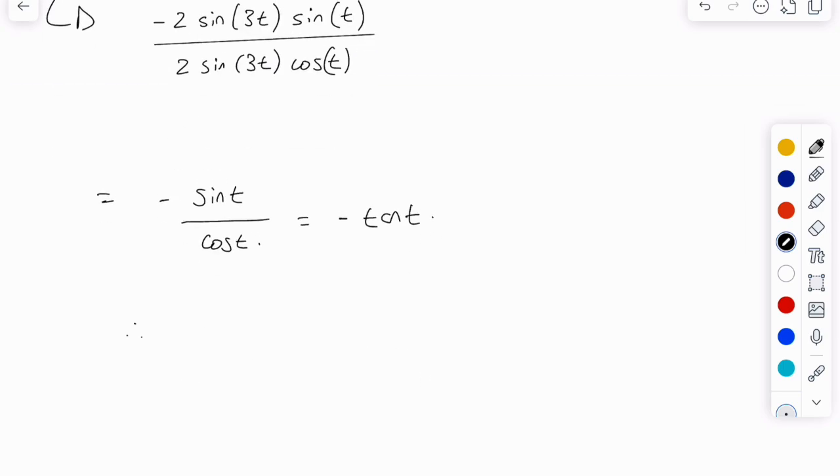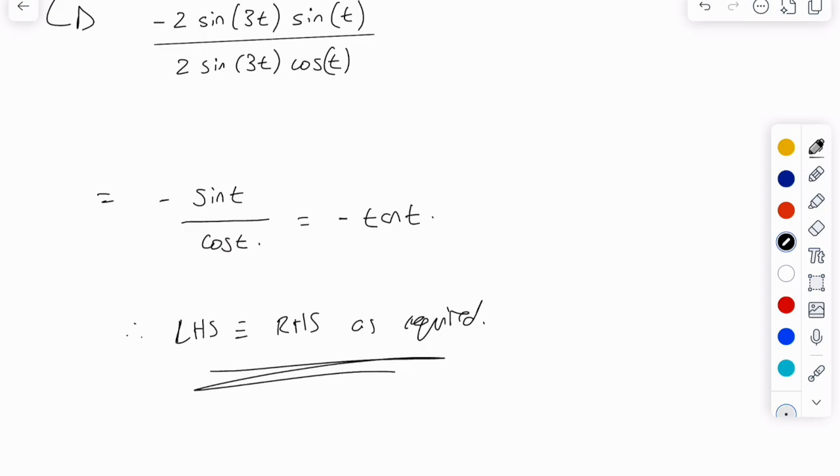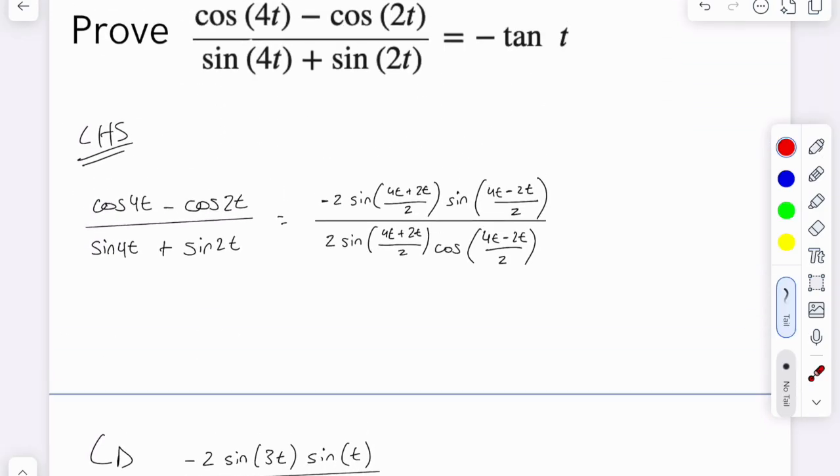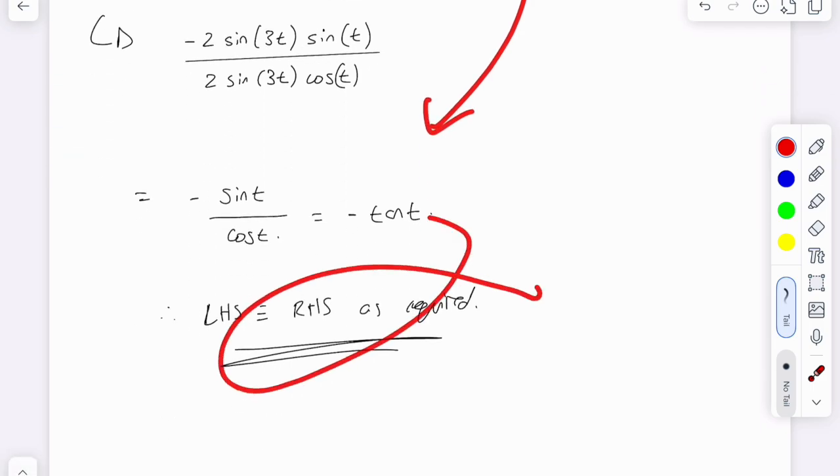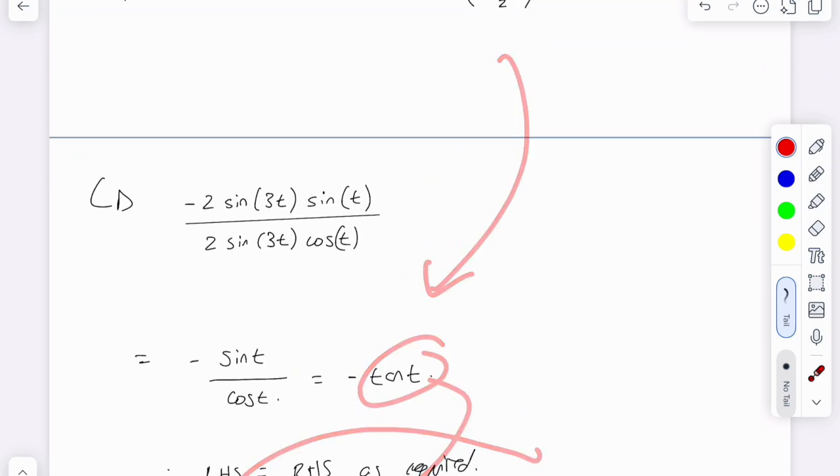Okay, so therefore left hand side is equivalent to right hand side as required. Okay, that's the final answer. This is a great example of using the sum to product formula. Okay, we've simplified it so much more, and eventually we were able to get to negative tan t as required.